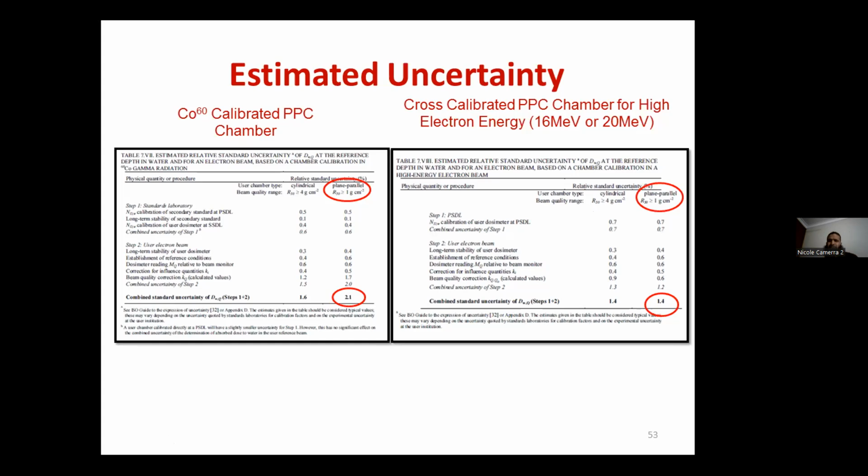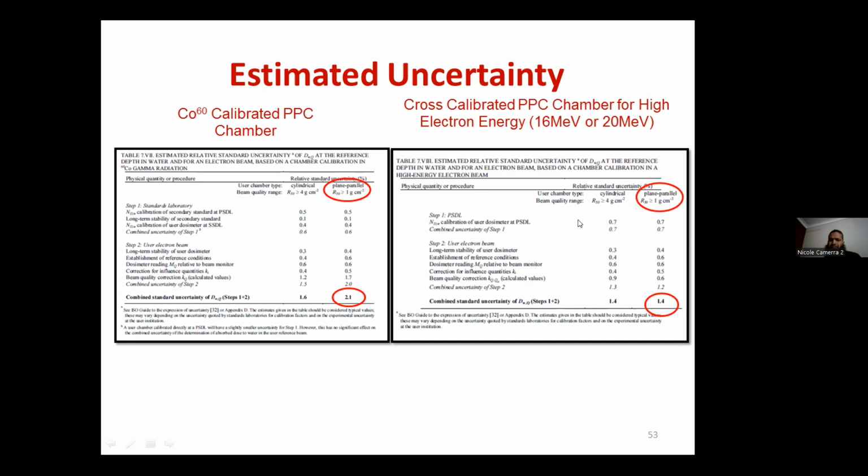You are using it to do your reference dosimetry for electrons. The uncertainty is almost the same as with the plane parallel chamber, with only the one condition that your R50 should not be more than 4 gram per centimeter squared. I think you have got the point here.